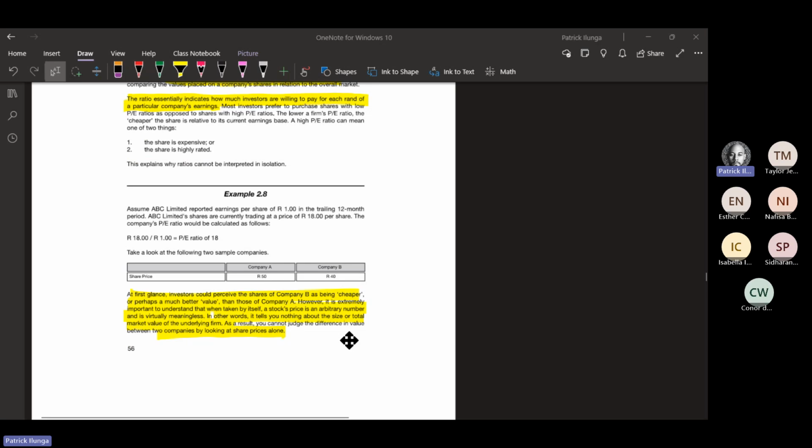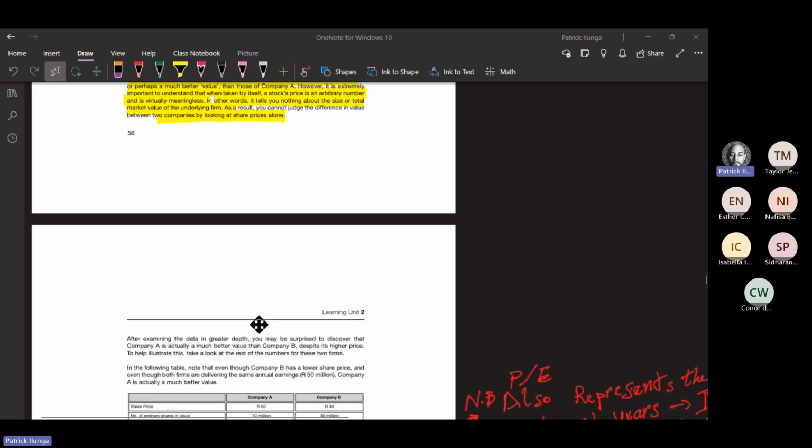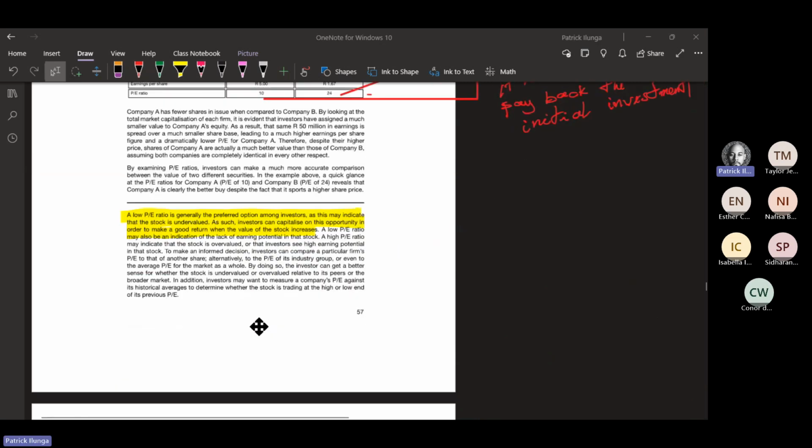Is that not interesting? So they look at this company and think, wait a minute, why is the PE very high? Why are the investors really confident, why are they paying so much for the shares of this company? All right. Is that clear, guys?